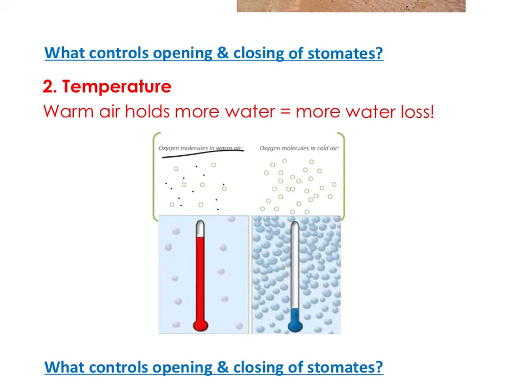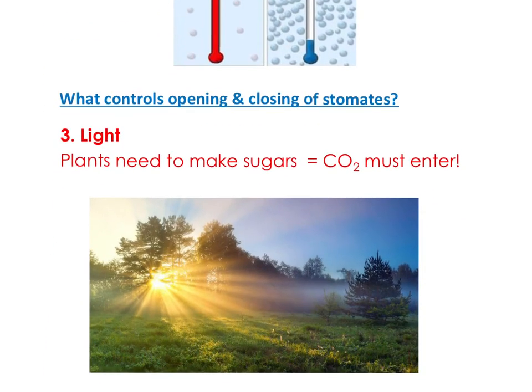Cold air, the particles are closer together, so there's simply less room and less storage for water molecules. So plants in warm environments tend to lose more water than those that are in cold environments.